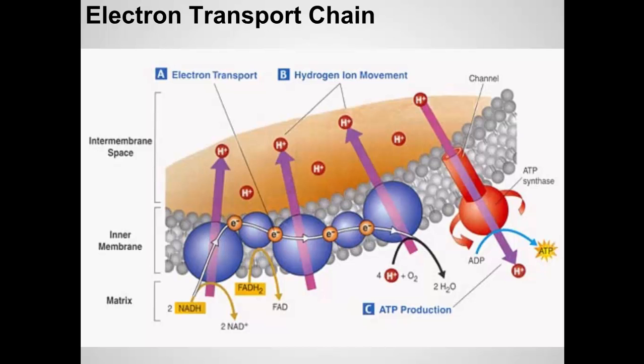Those electrons go down in energy level, and that energy is used to pump these protons onto the other side of this membrane. And so here, protons are building up. They eventually come back in through this membrane, but they pass through ATP synthase, a molecule that uses that energy coming through to take ADP and make it into ATP. As they do that, those hydrogen ions, those protons, combine with oxygen, and that's where the water comes from.